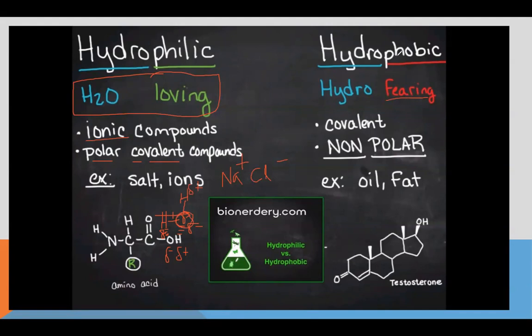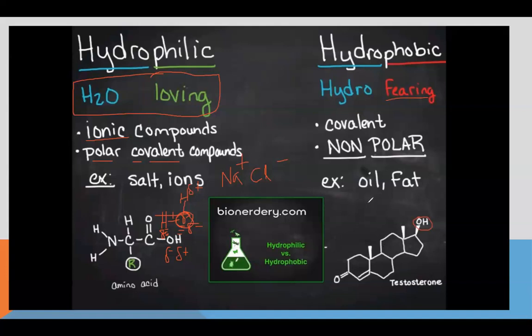Water does not mix well with uncharged molecules. Here's an example of testosterone down here in the bottom right. This molecule is all carbons and hydrogens. It does have one little OH here, which can get a little confusing, but overall there are so many carbons and hydrogens throughout this molecule that it essentially cannot mix with water.